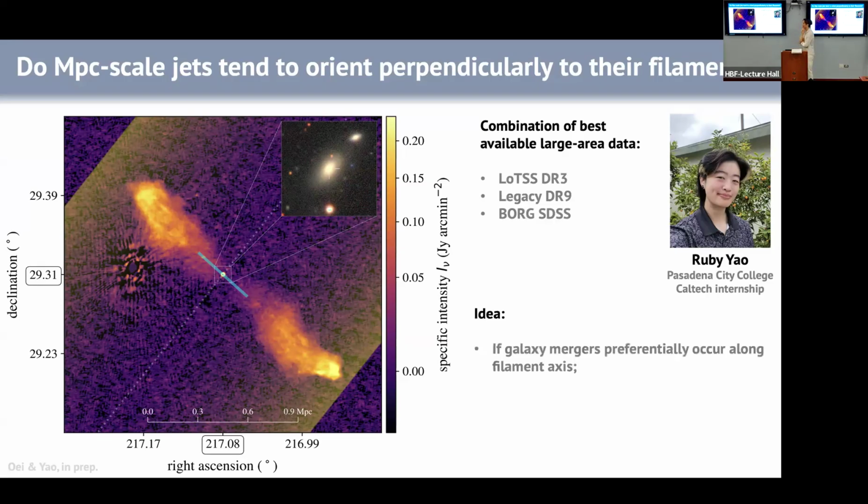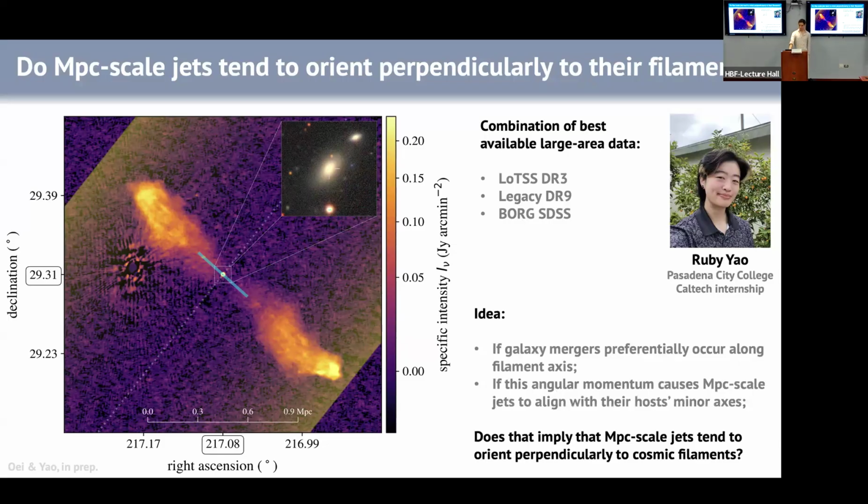The explanation there is that if galaxy mergers preferentially occur along that filament axis, this might also be a galaxy merger, then that injects angular momentum into the host galaxy along a preferred axis. So it makes the host galaxy spin in that way, and then generate jets that are perpendicular to that.